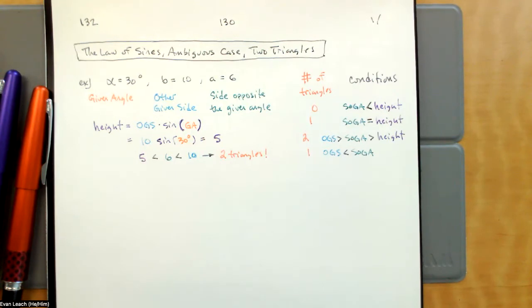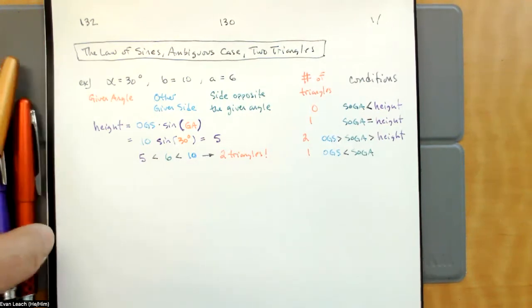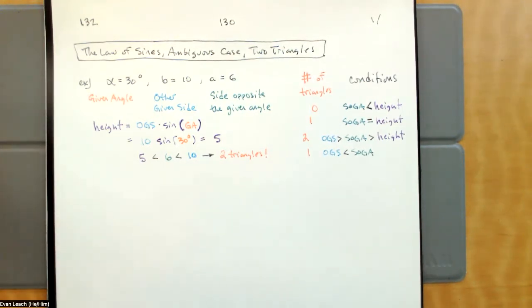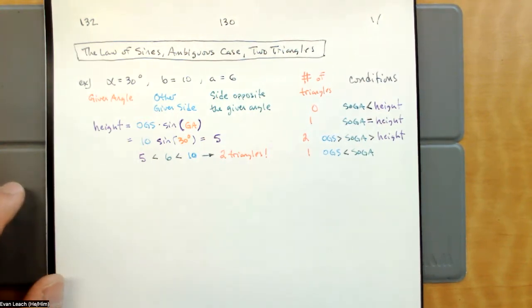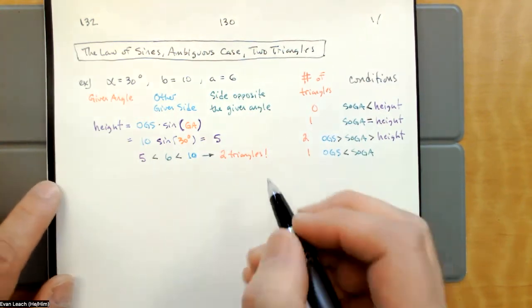Our strategy for dealing with the two triangles is to take that first angle that we find and put it in the second quadrant as well. That's where our two triangles come from. Once we know we're in the two triangles case, put the first angle that you find into the first and second quadrants.